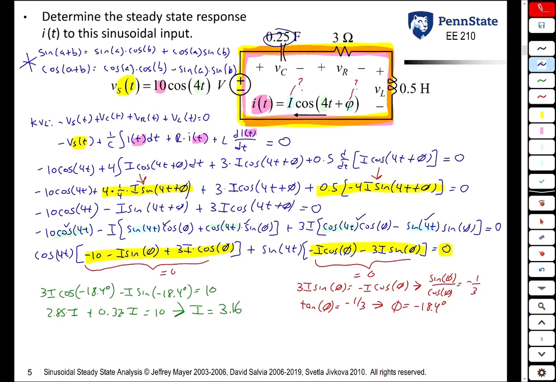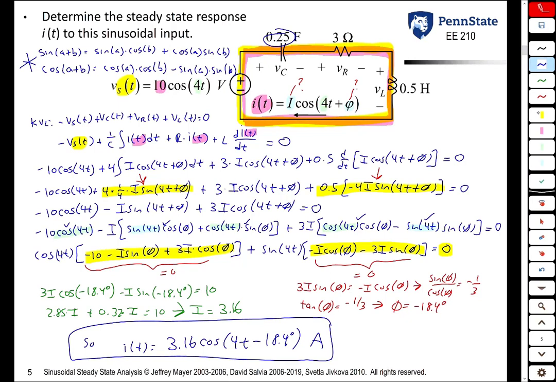So we can put everything together, and we see that if we take this 10 cosine of 4t and drive this capacitor, resistor, inductor series combination, the resulting current is I of t is 3.16 cosine of 4t minus 18.4 degrees amps.